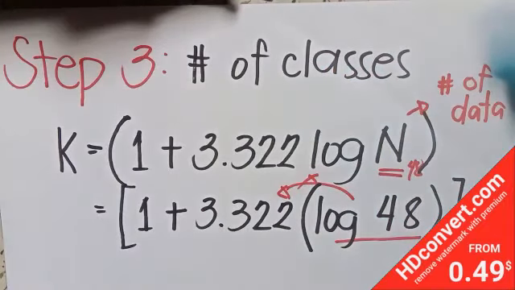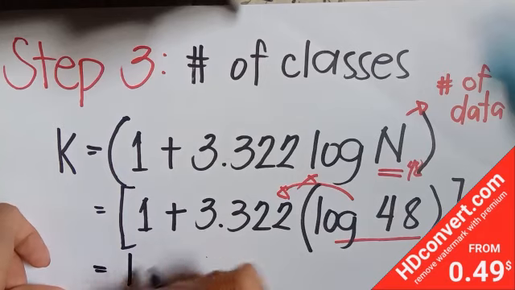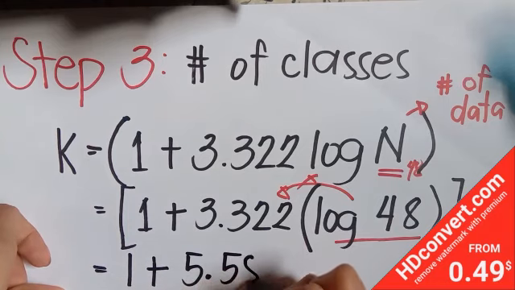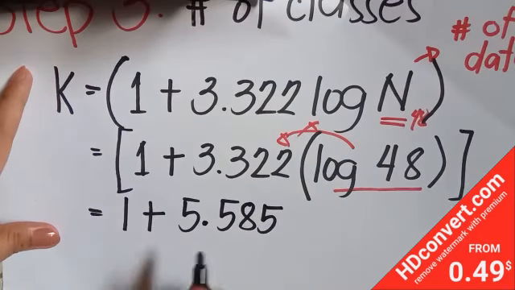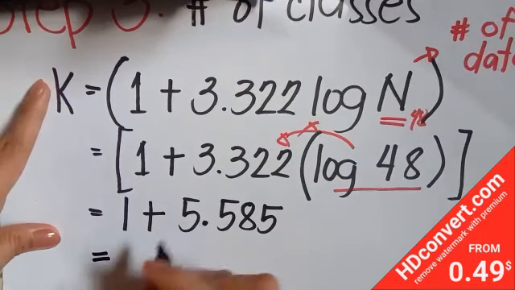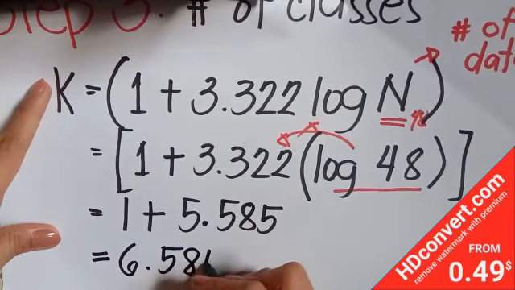So, ilagay na natin. Meron tayong 1, kasi hindi naman natin ginamit si 1, plus 5.585. So, 1 plus 5.585 is equal to 6.585.